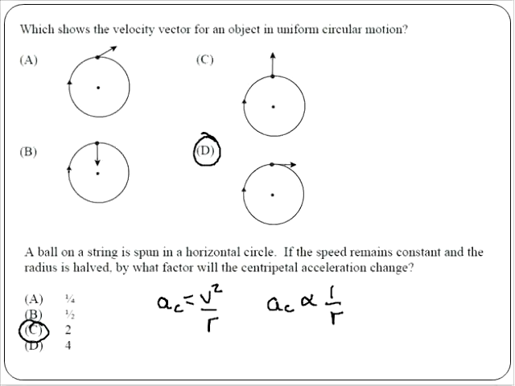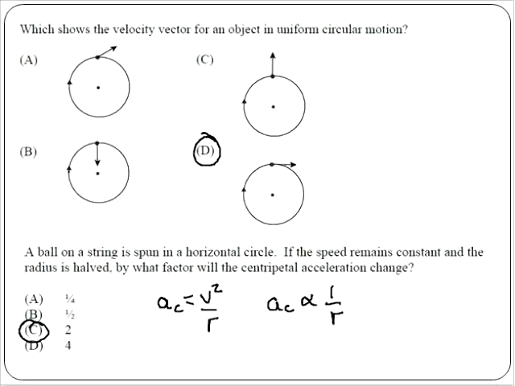It's always the reciprocal. And by the way, if you change the velocity, remember that centripetal acceleration or centripetal force are actually proportional to the velocity squared. So if you doubled the velocity, the acceleration would increase by a factor of 2 squared, or 4.